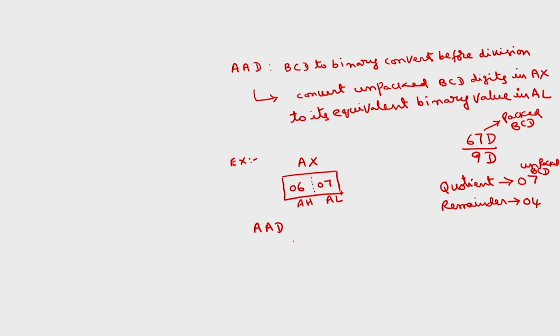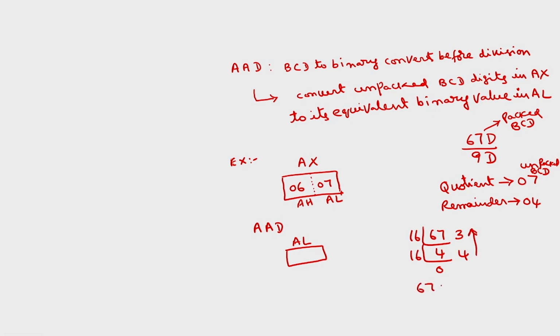Then what happens in AL? We will get the binary equivalent of this. What is the binary equivalent? Converting 67 decimal to hexadecimal, divide by 16: 16 fours are 64, 3 is the remainder, so it is 43H.